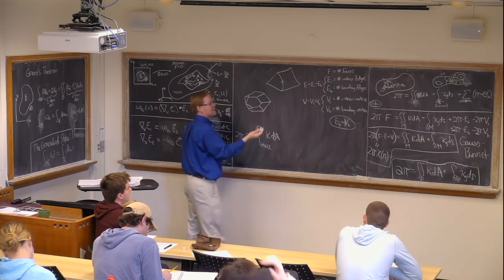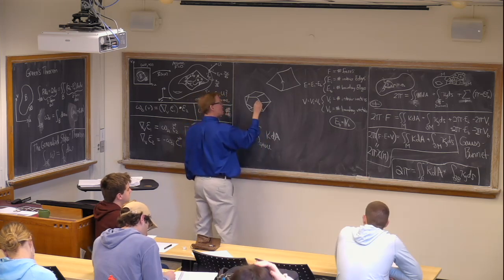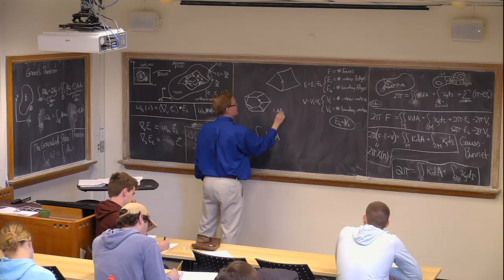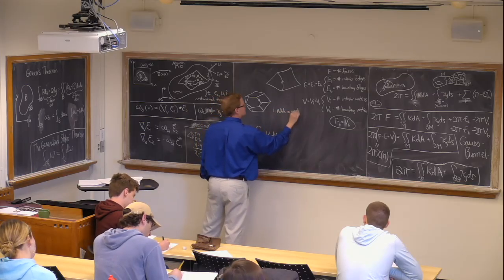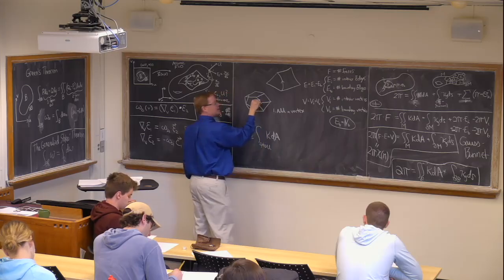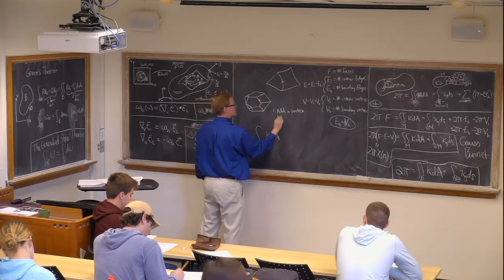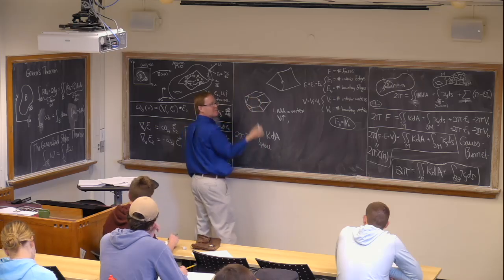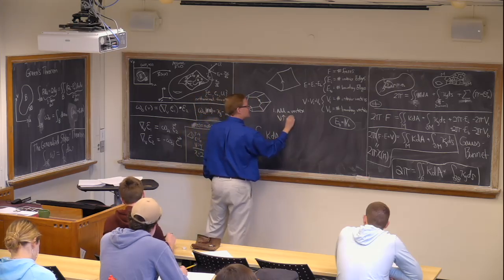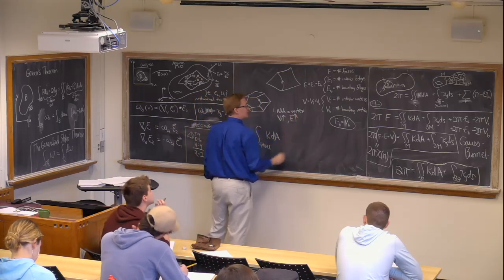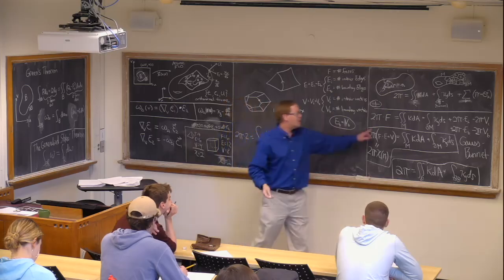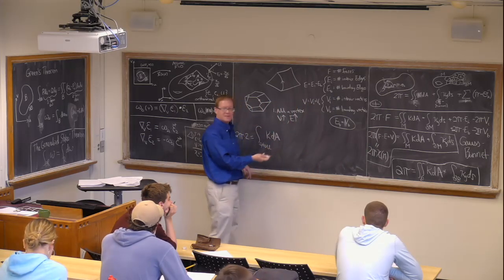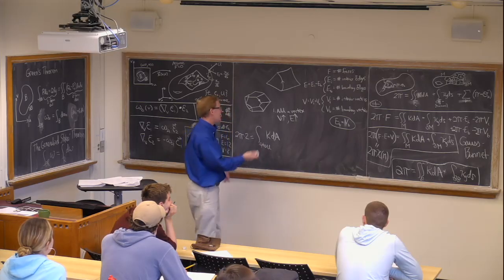And here's the observation. What if I add a vertex, okay? So you could add a vertex. Well, notice when you add a vertex, the number of vertices goes up by 1, right? But the number of edges, this one edge got split into 2 edges, so the number of edges goes up by 1 as well. And remember, the Euler characteristic is f minus e plus v. These have opposite signs, and so the Euler characteristic stays unchanged when you add a vertex.